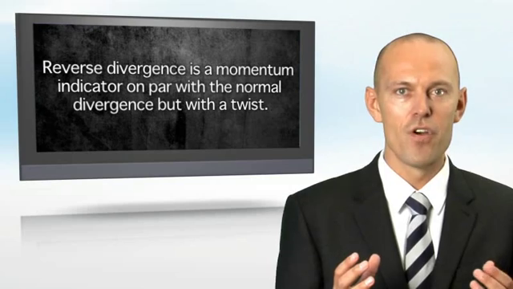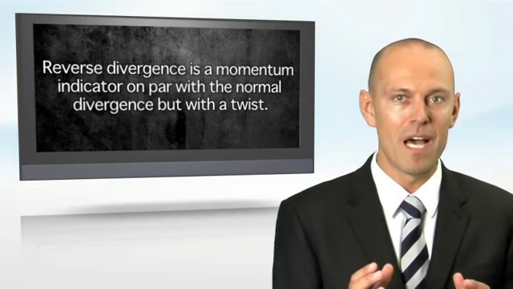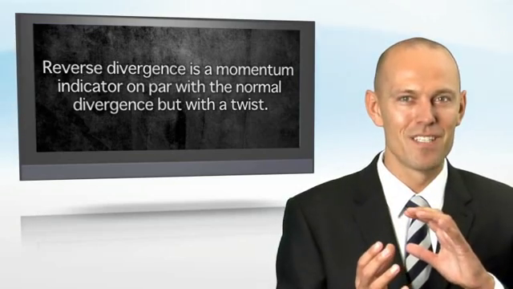A reverse divergence is a momentum indication on par with a normal divergence, but with a slight twist. With normal divergence, we are watching for price to make new highs or new lows, but the momentum indicator, such as the RSI, is not confirming this. The momentum indicator is failing to make new highs or new lows.